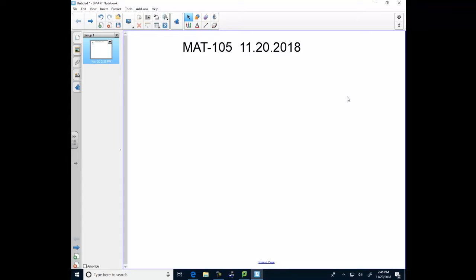All right, today's the 20th of November, and we're going to go on and look at chapter 15, which is the cost of home ownership. So we're going to talk about monthly payments and some other issues.